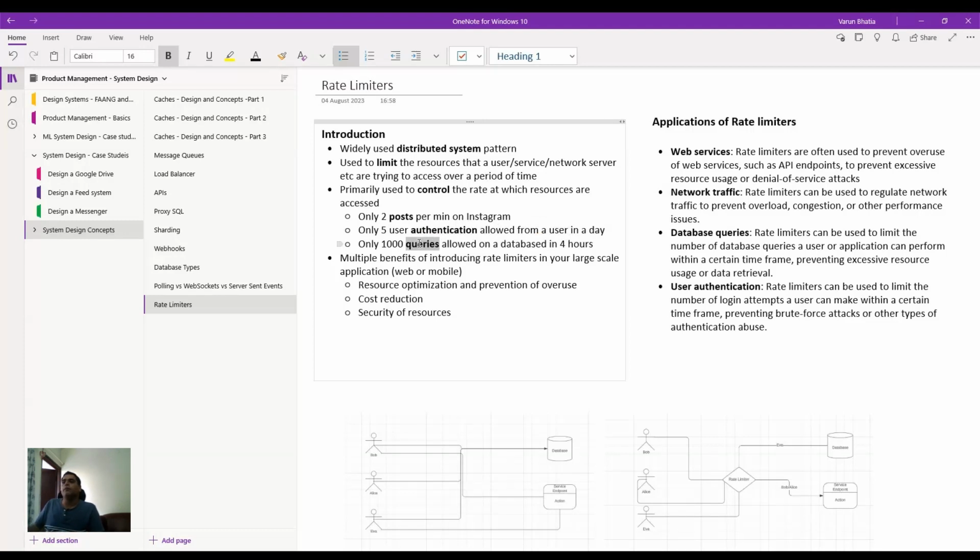Of course, rate limiters allow for a lot of benefits in your large scale application, whether it's a web or a mobile app. Resource optimization, for example, and prevention of overuse is definitely one of the biggest advantages. Cost reduction, yes, and I'll get into the details of how it helps you reduce cost.